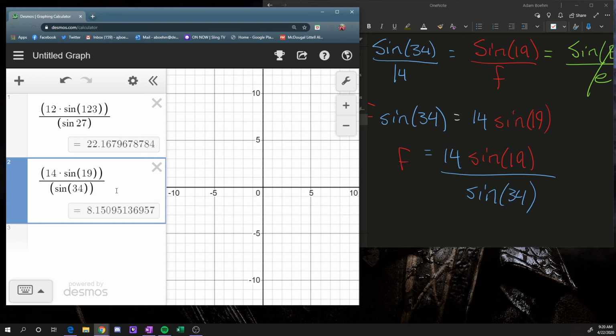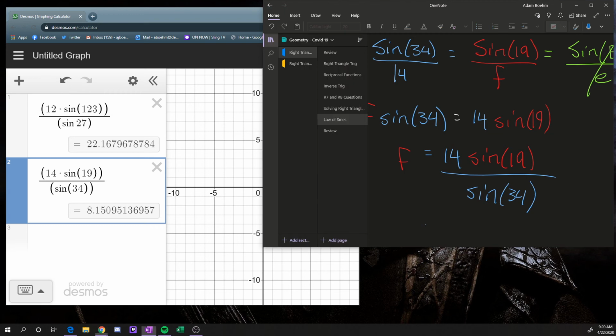So we get 8.1509. This problem says to round to the nearest tenth. So our answer is 8.2.